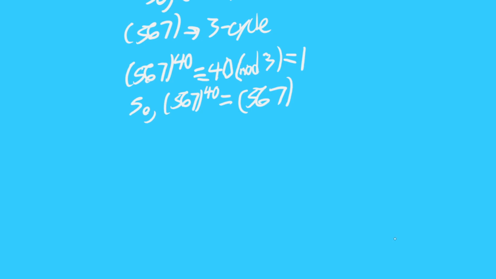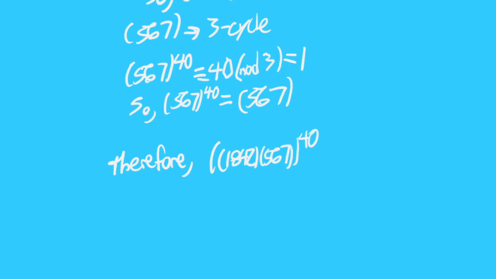So therefore, this cycle raised to the 40th equals epsilon times (5 6 7), or 1 times (5 6 7), which is (5 6 7).